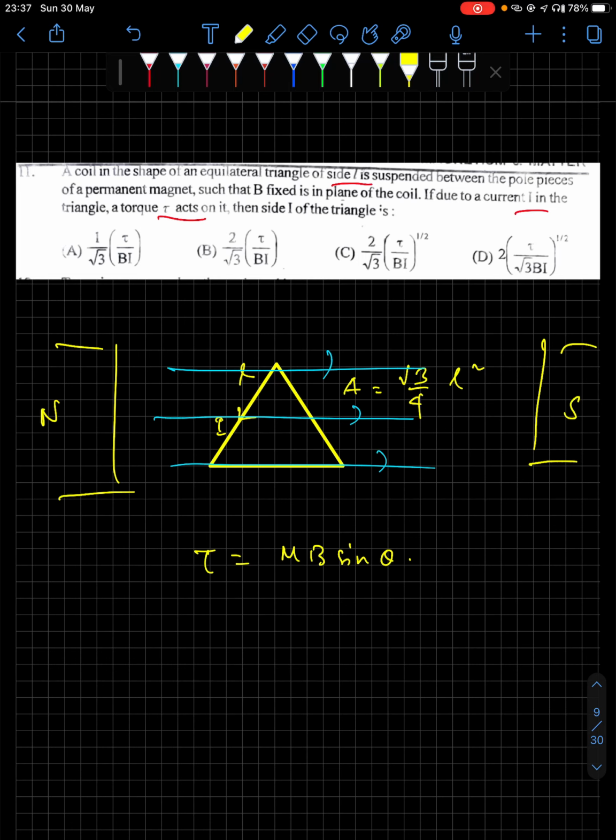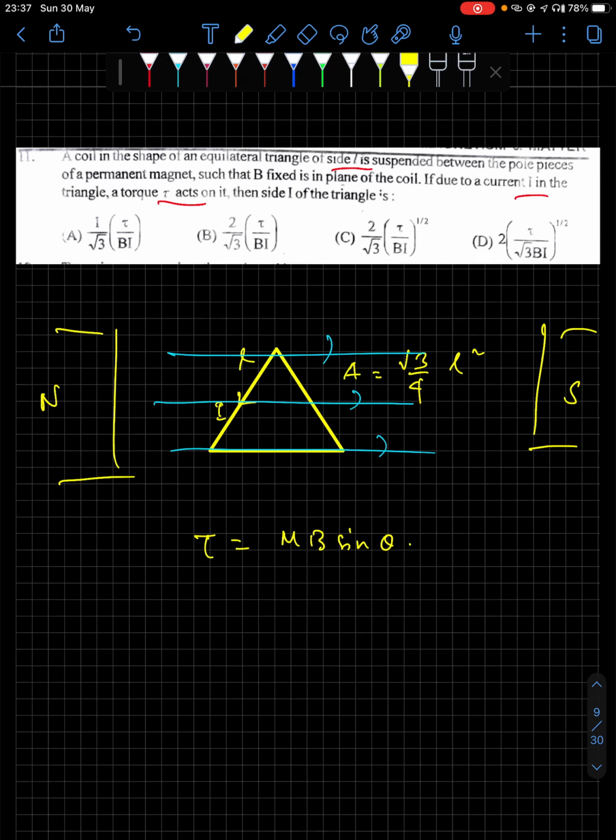So the area vector, you see, the coil is in the shape of an equilateral triangle. Now you see one thing, this triangle has area vector coming outside the page, isn't it? And the present position is saying that that area vector is lying perpendicular to this magnetic field, right? So you can say that theta is 90, right?